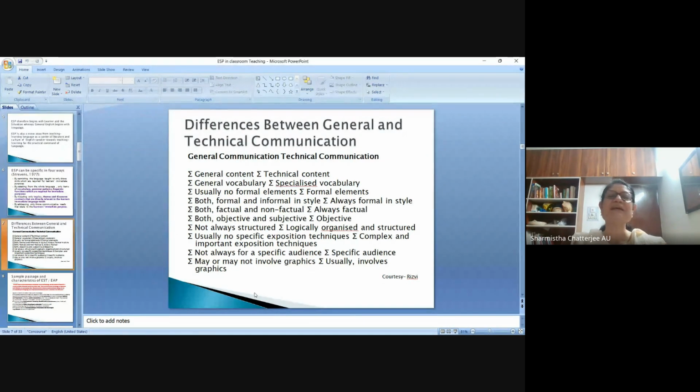But you see, in case of technical, it's not so. Okay? We can be factual and non-factual. You have to be always factual, always accurate. Okay? We can be objective and subjective. You have to be always objective. Okay? We can meander from here to there, from the fields to the plains, from philosophy, anything. You have to be very logically organized, like the method papers, the research, the methodology, the theoretical paradigm, the kind of field work.